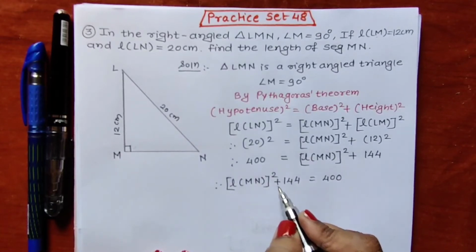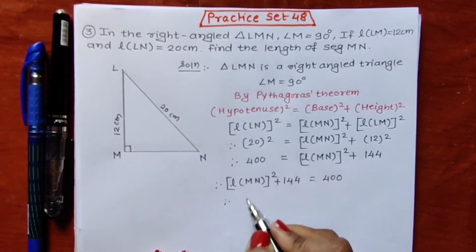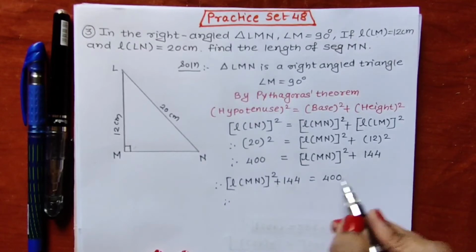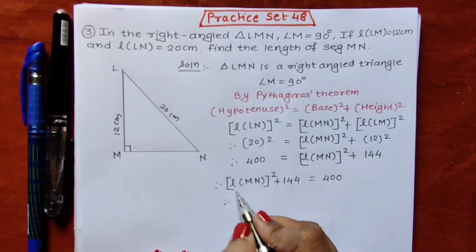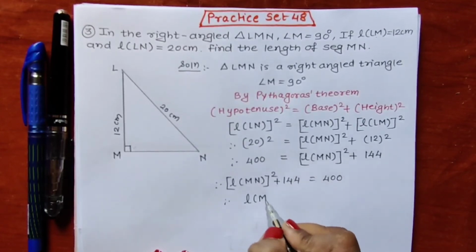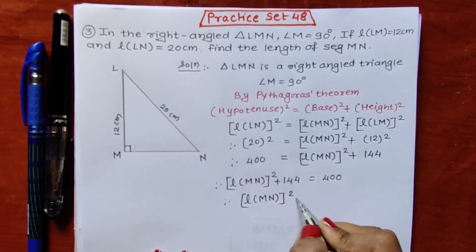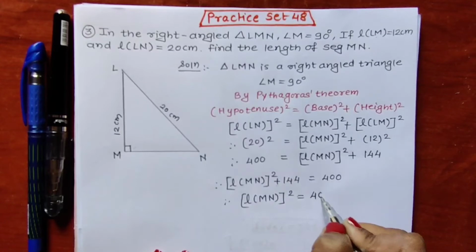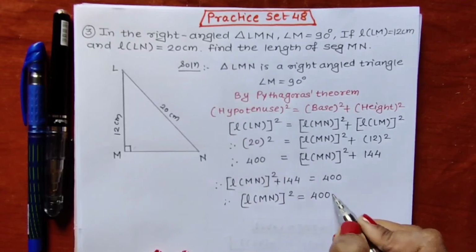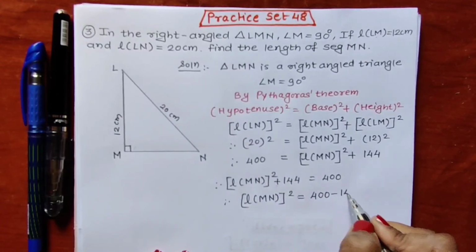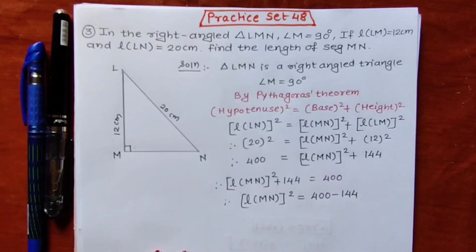Now this 144, single number I am going to transfer from left to right. So length MN square as it is is equal to 400 as it is, only plus 144 will become minus 144.